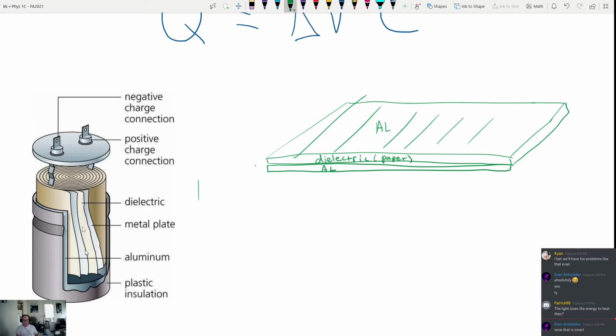In fact, one of the things they sometimes do, which is really cool, is that some of these are made without a dielectric. There's nothing in the middle to separate the pieces of metal. But when they run electricity through it, the metal will corrode, creating oxidation.